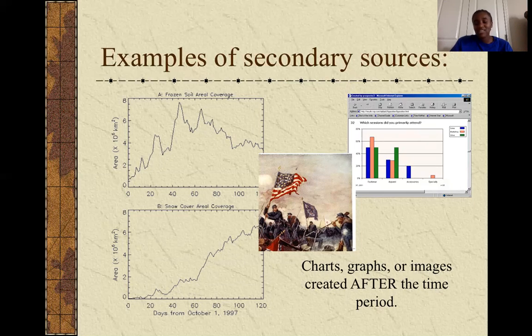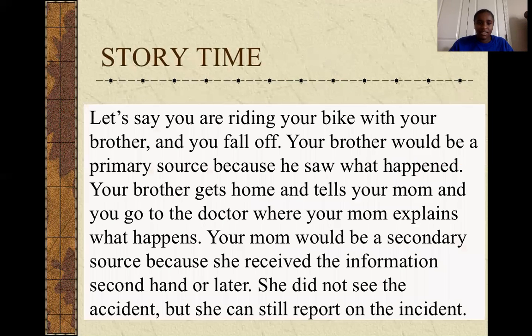So that's the difference. If somebody had a camera back then and took a picture, then that would be a primary source, but this is a secondary source. Same with the graph. They researched all of this stuff and then they collected it and put it in a graph. That's secondary sources.